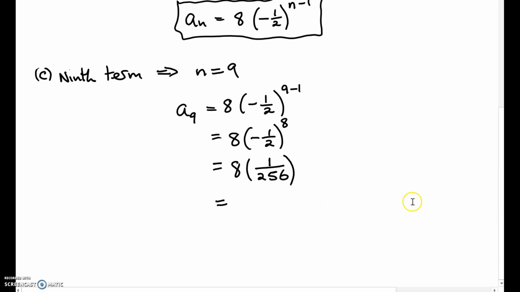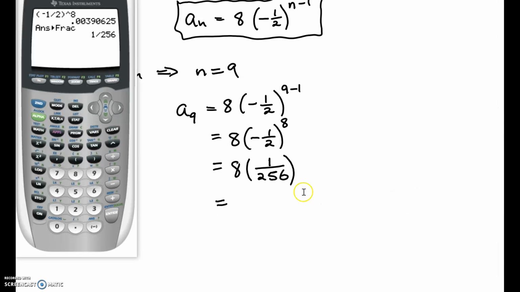And then let's multiply that. 8 times 1/256. Well, we have that there already, so just multiply it by 8. And you get 0.03125. So here's another chance to turn a decimal into a fraction.